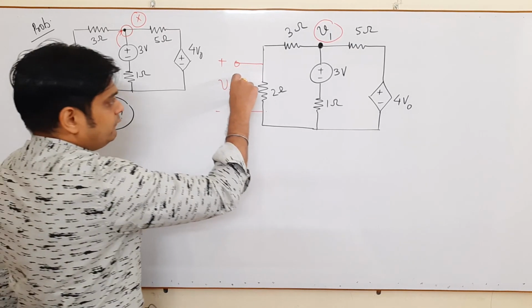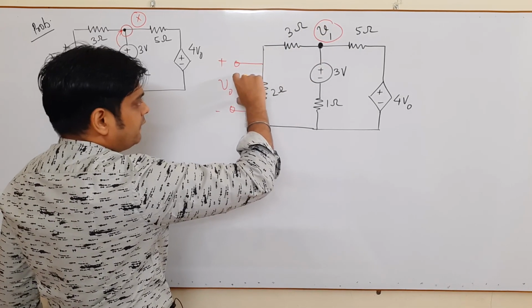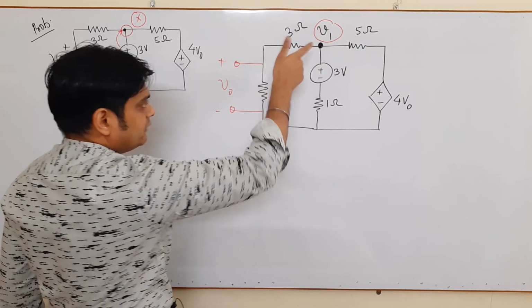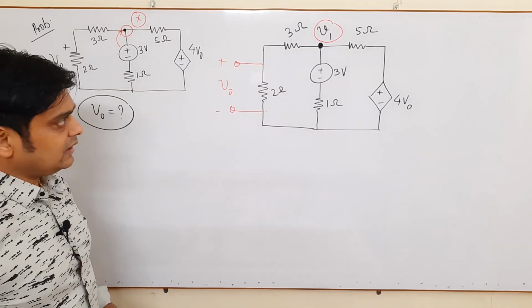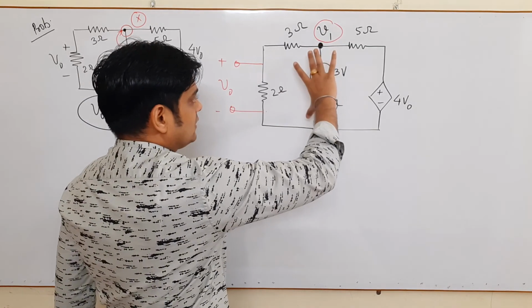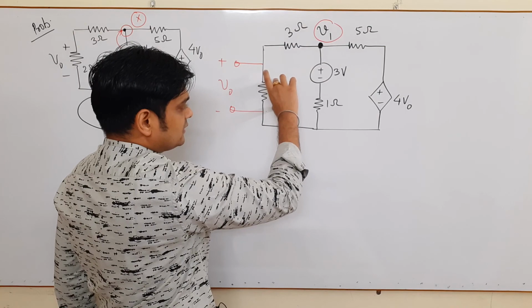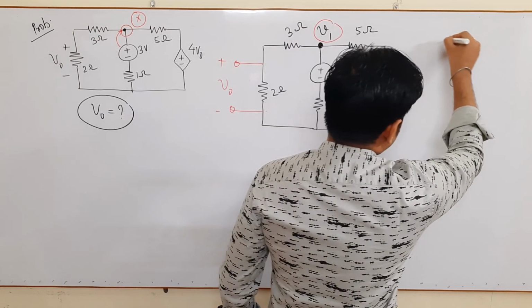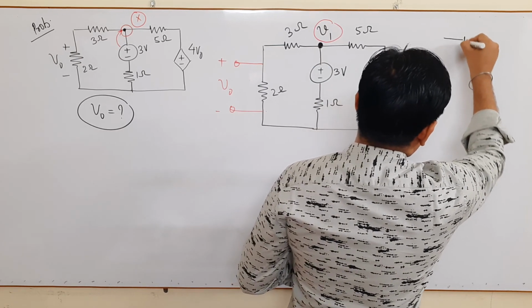So can you find V0, or can you find the relation between V0 and V1 with the help of the voltage division technique? Yes, definitely. Why? Because V0 is the node voltage across this branch. This is your 3 ohm resistance, this is your 2 ohm resistance. I can redraw this network in this form also.